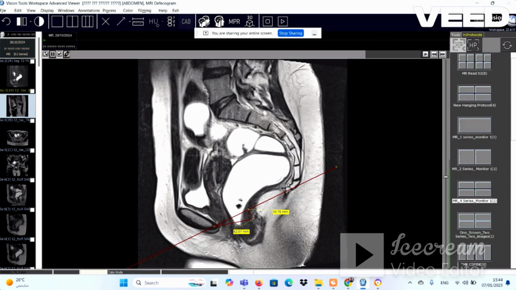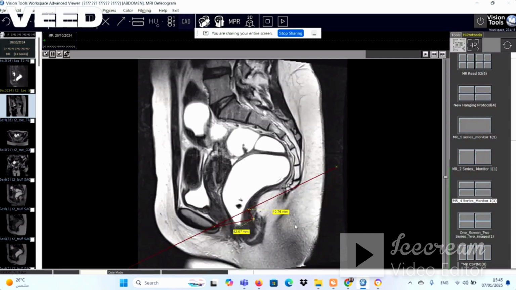We can also draw from this point a line perpendicular to the PCL. This is called the M line. This line is very specific to how much pelvic descent there is. This one measures about 1 centimeter, so it's accepted in the resting state.